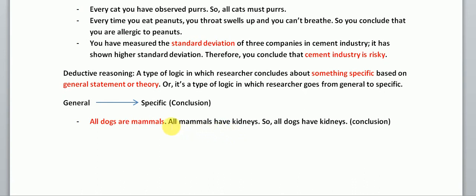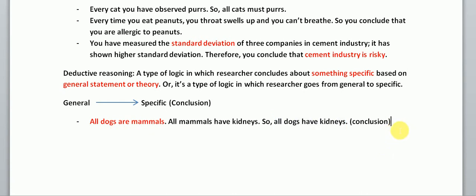This is also understood. Now what is your specific conclusion based on these general arguments? You say all dogs have kidneys. Look, we are going from general to specific, from the general theory to conclude about something specific which is covered under this theory.